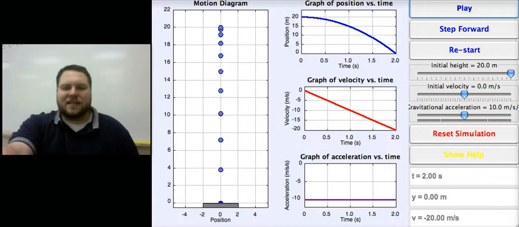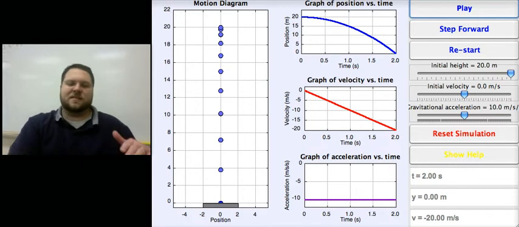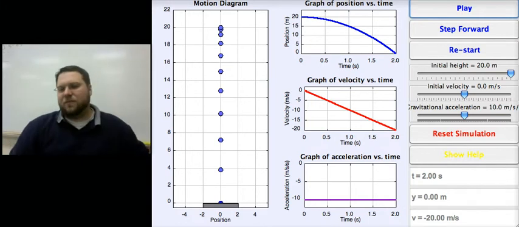What that means is that every single object accelerates towards the Earth at 10 meters per second squared, regardless of weight, size, whatever. Now, air resistance can slow it down. Think about a feather falling. A feather doesn't fall at that same acceleration as everything else because the air actually pushes up from underneath it.